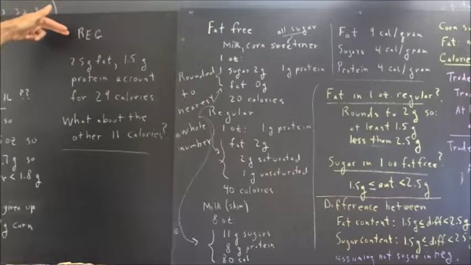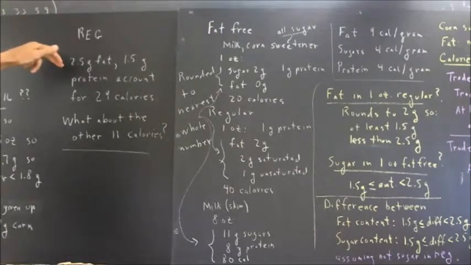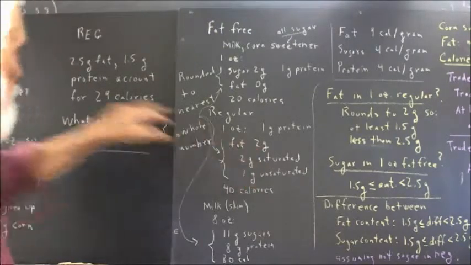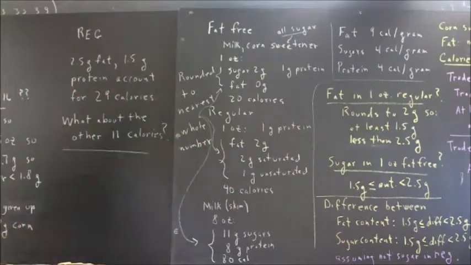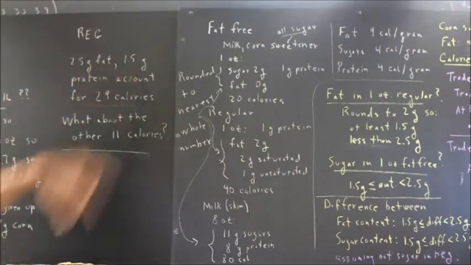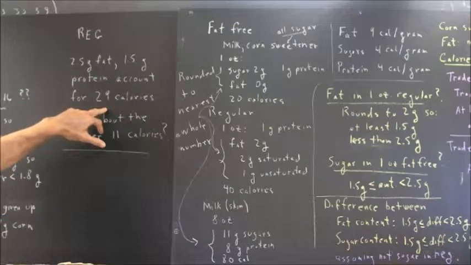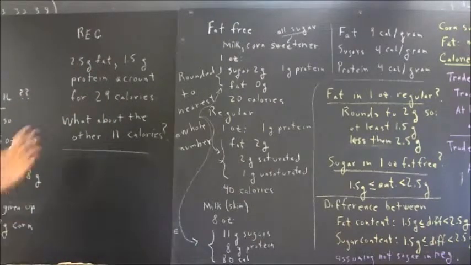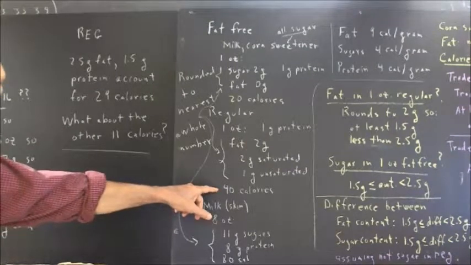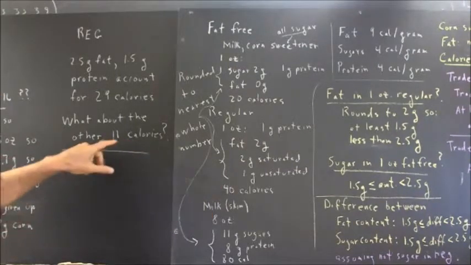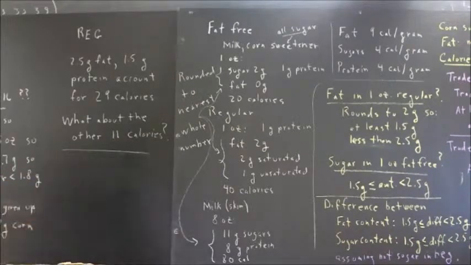But the regular half and half could have at most 2.5 grams of fat and at most 1.5 grams of protein, and that would account for only 29 calories. You can do the arithmetic, about 29 calories, but we report 40 calories. Now, where did the other 11 calories come from?